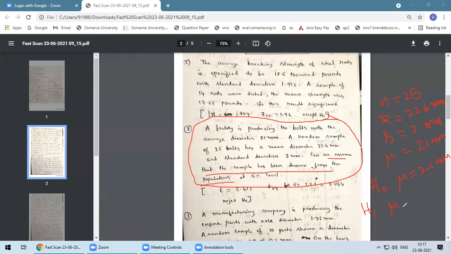So write down step number 2, alternative hypothesis H1: mu is not equal to 21 millimeters.